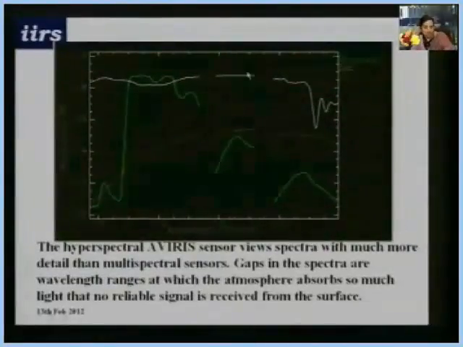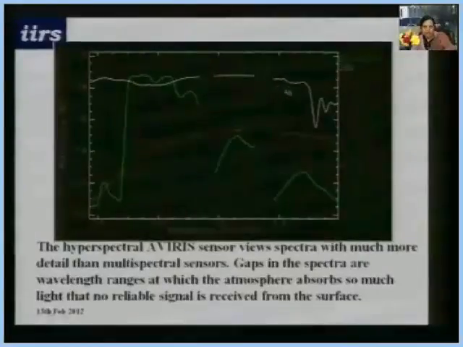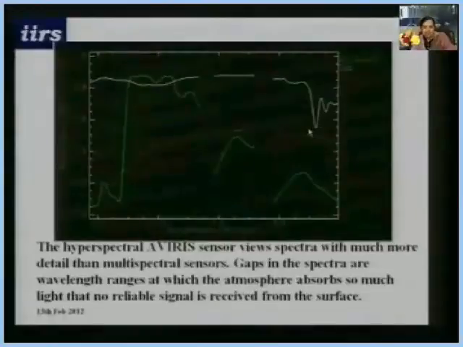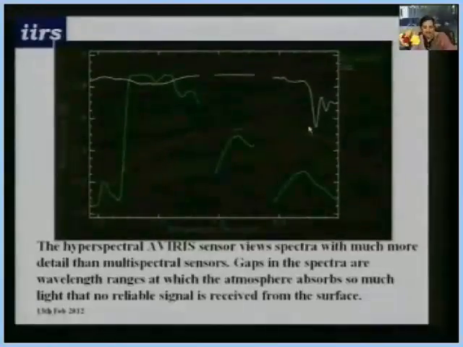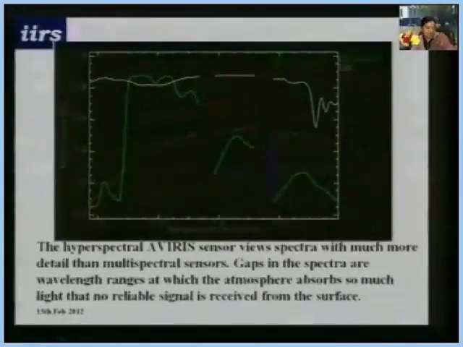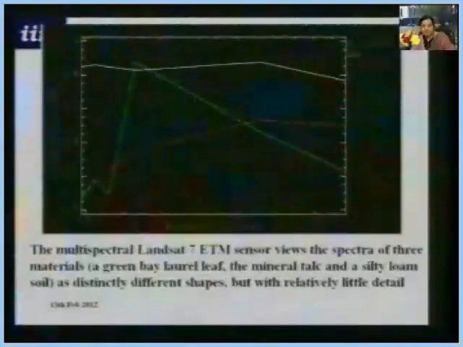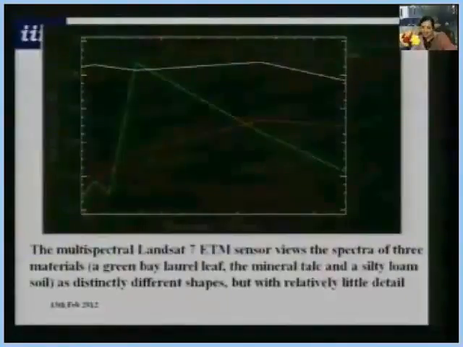So you have much more detailed information, including information related to these absorption zones, which are the typical characteristics, as I say, fingerprints for identification of that mineral or object on the ground, which are missed in multispectral remote sensing data.